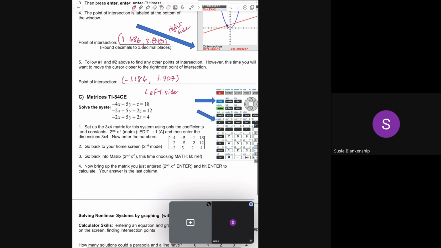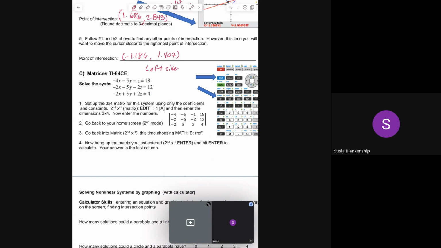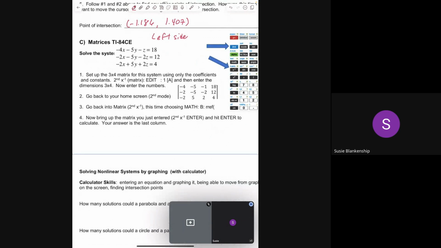Okay, let's go on. Next we're looking at matrices. This should look familiar. This is the system that we did last class, solving 3 equations. First of all, recognize that we have 3 rows, 1, 2, 3, and we also have 4 columns, 1, 2, 3, 4.